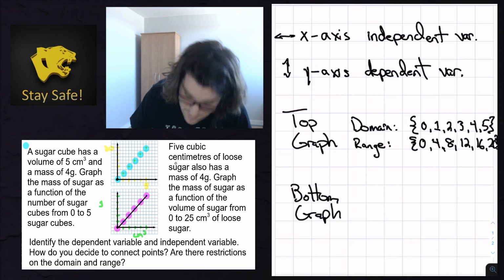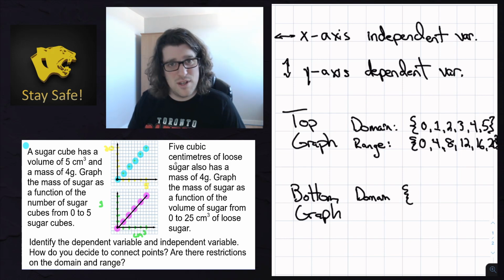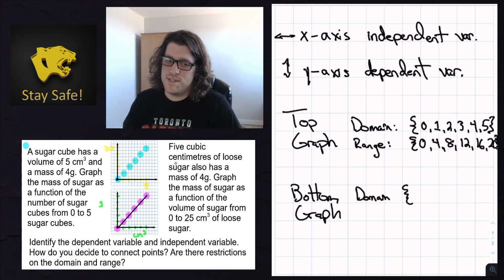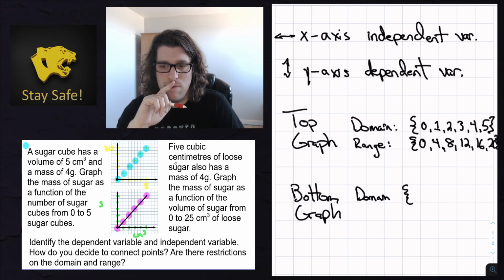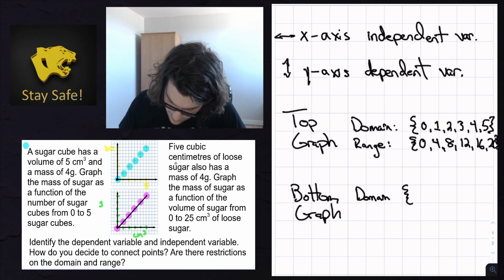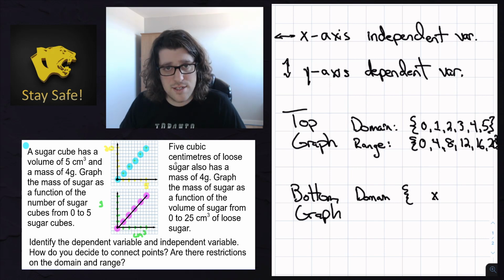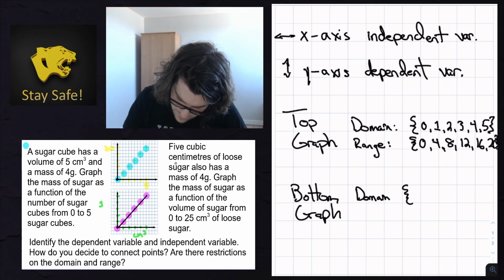For the bottom graph, I'm going to have a domain where I start a set by using my curly brackets. This time it's different because it's the line, really. Any of the values between 0 and 25 cubic centimeters of loose sugar are allowed. How do I write that? If I use x as the variable to represent my domain, and you know what, I'm going to do the full-blown deal.